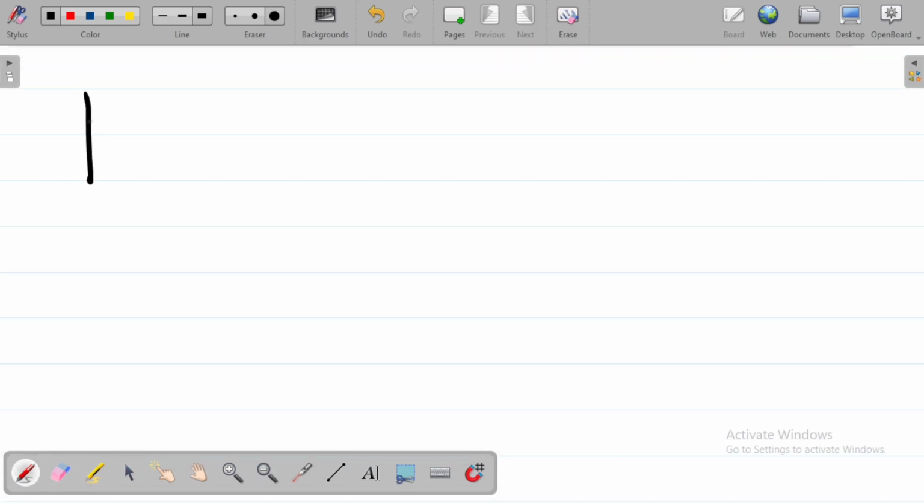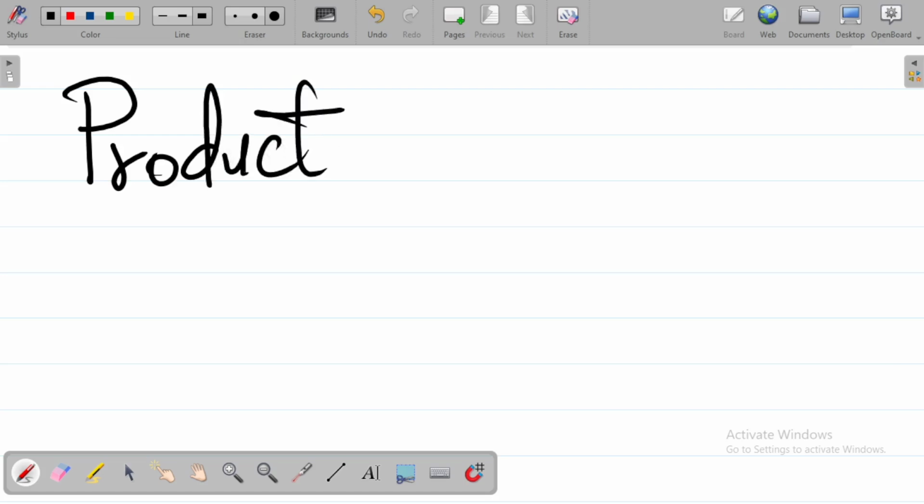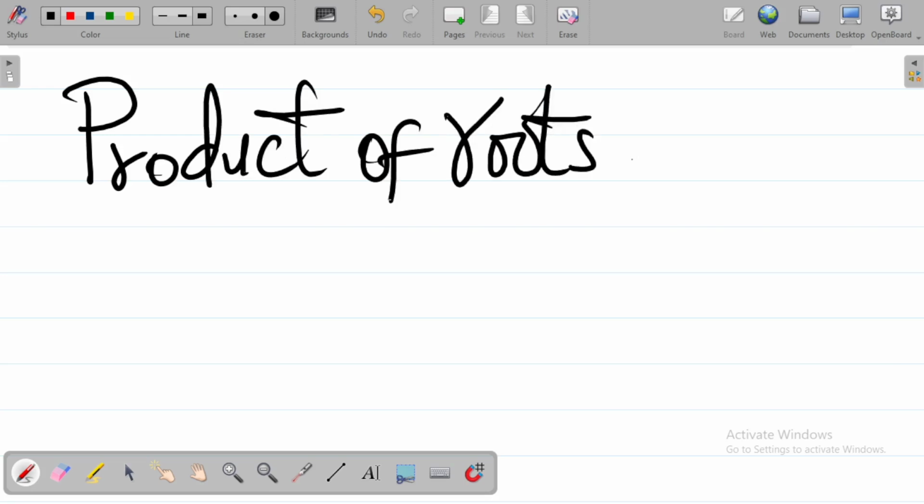And then the product of roots is equal to alpha multiplied by beta.